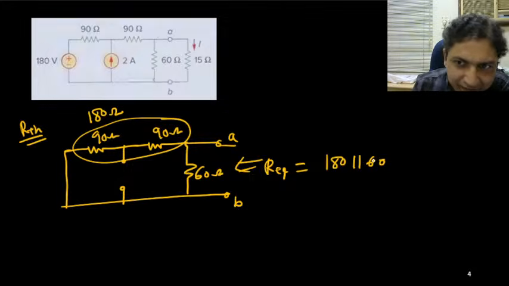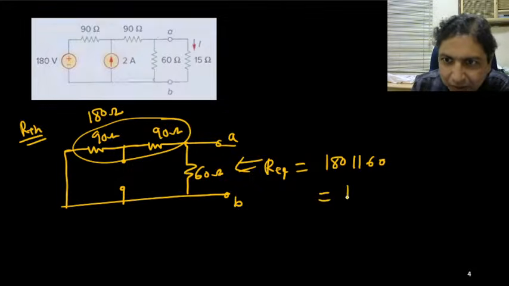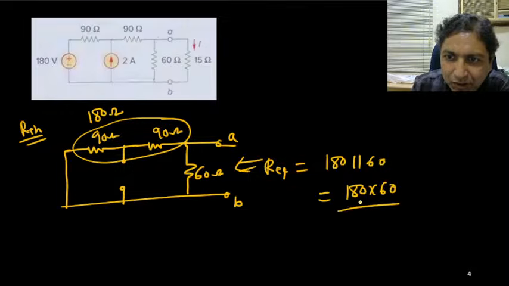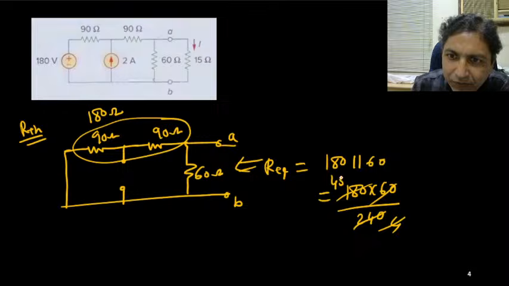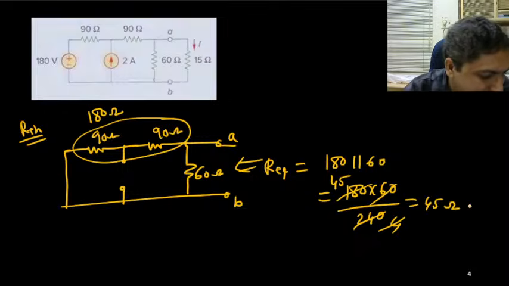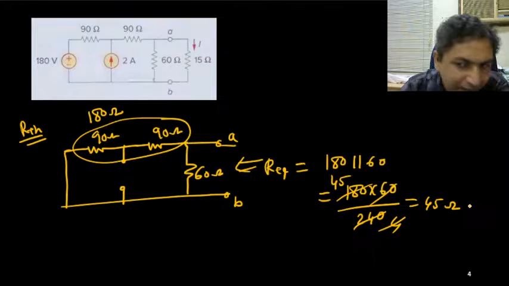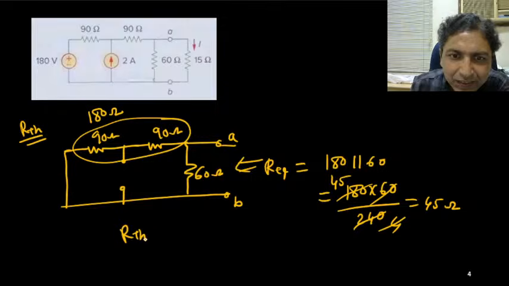Okay, I think it's simple. So 180 into 60 upon 180 plus 60 is 240. So this is 4, I think this is 45. So this is 45 ohm, exactly correct. So RTH is same as R equivalent, that is your 45 ohm.